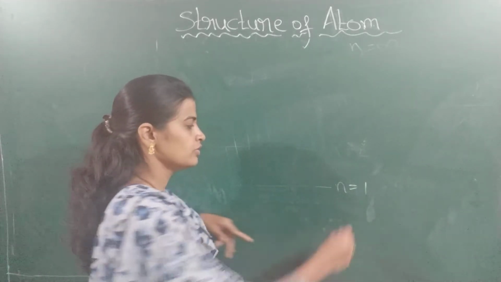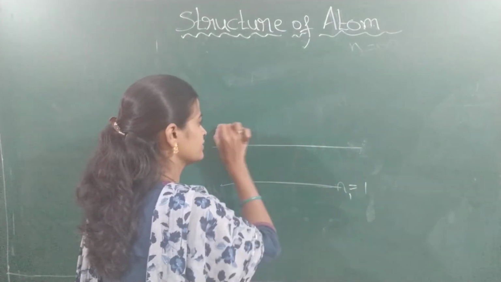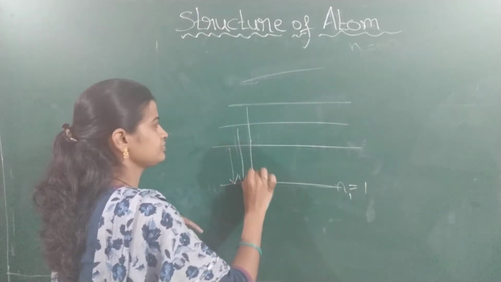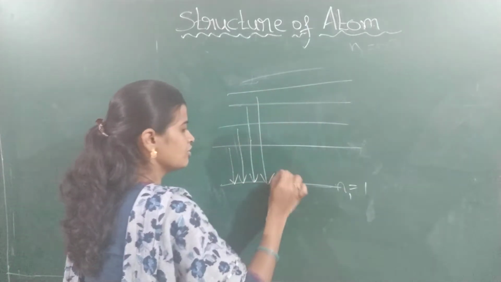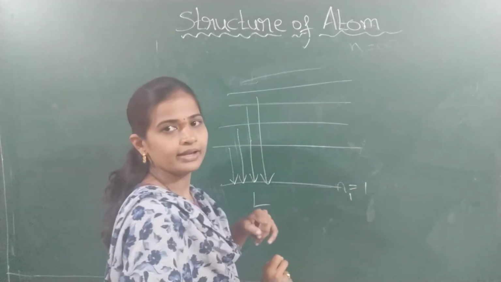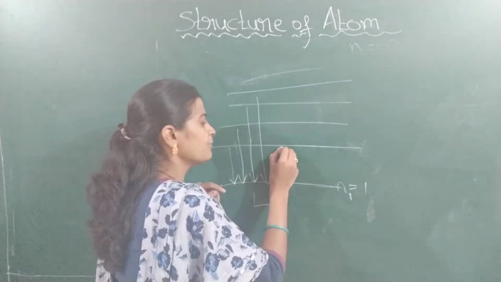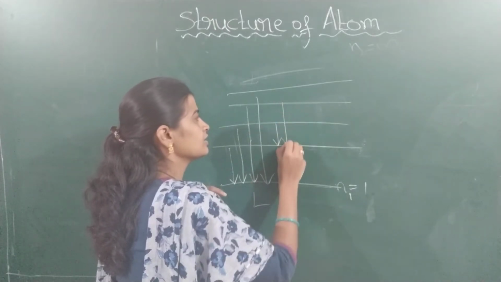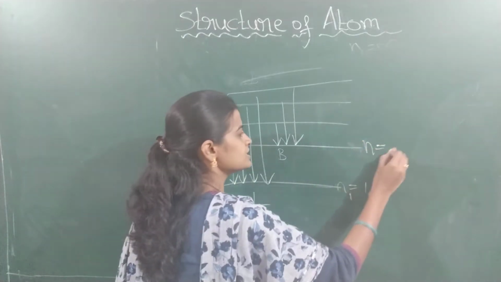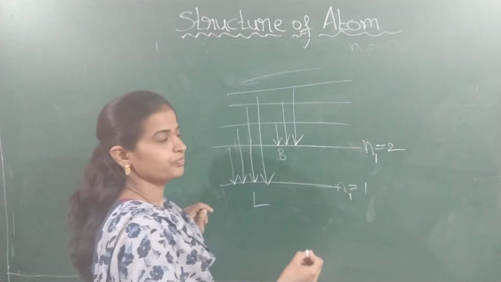For the Lyman series, n1 is equal to 1. Next, for the Balmer series, where all these rays are reaching, n1 is equal to 2.